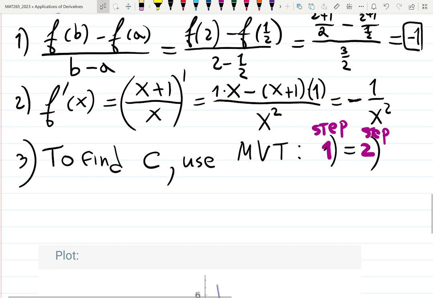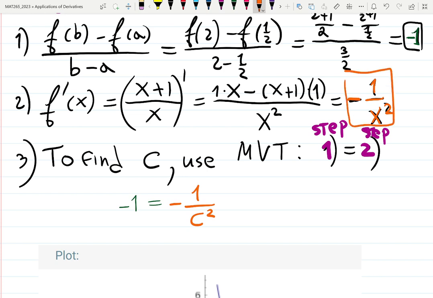The theorem says -1 from the left, let me color code it or something. -1 will be in green. -1 from the left hand side will equal right hand side at C, -1 over C squared. So I'll put this in the box. Maybe like point at it. So that's what the formula says.